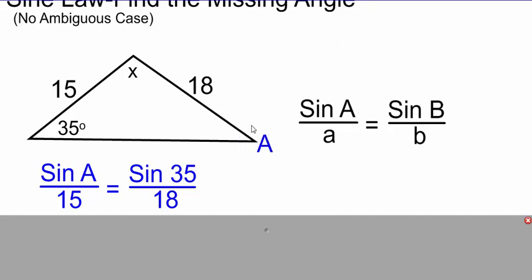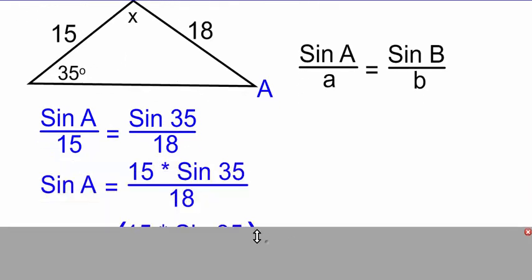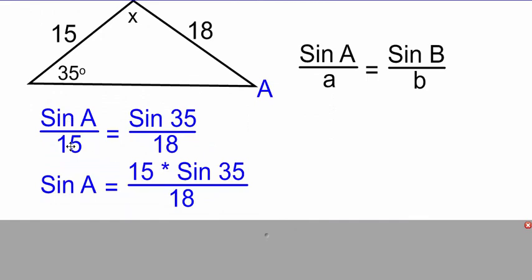And so sine of this angle here, with respect to this side over here, is going to be the same ratio as sine of this 35 to the 18. And now again, one unknown value in my equation, I can multiply through both sides by 15.